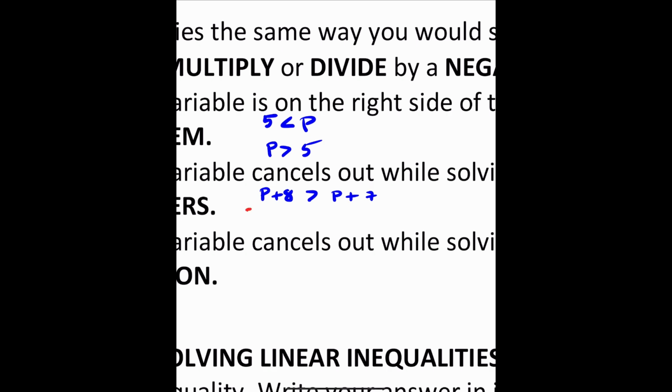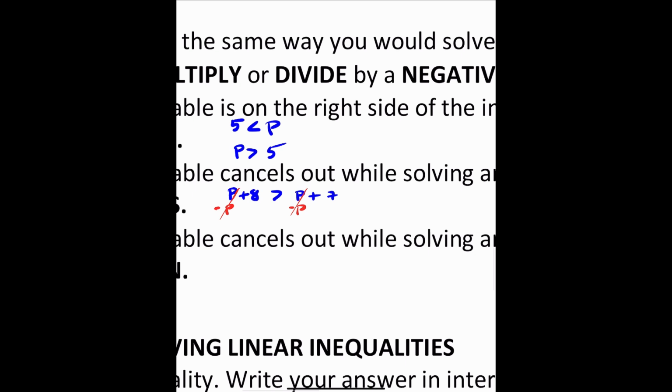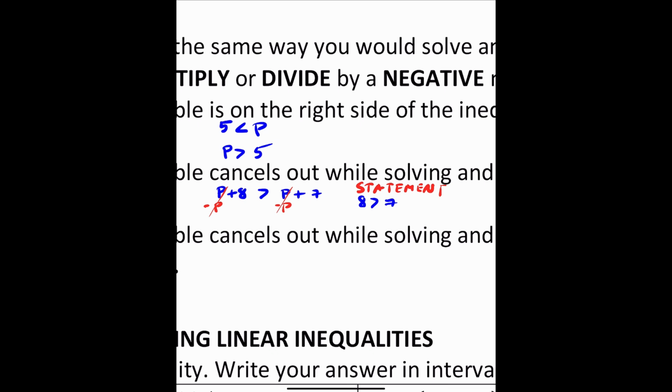Well, if I subtract p from both sides, I'm left with positive 8 greater than 7. And I'm looking at this statement, and it turns out to be true because 8 is greater than 7.